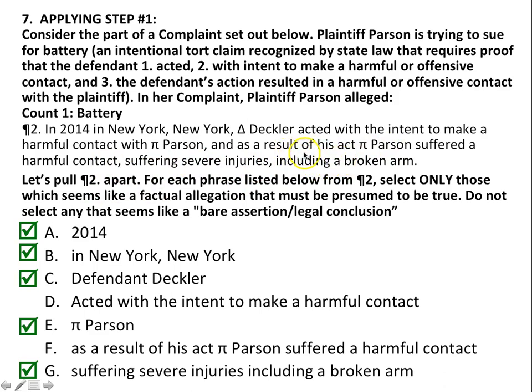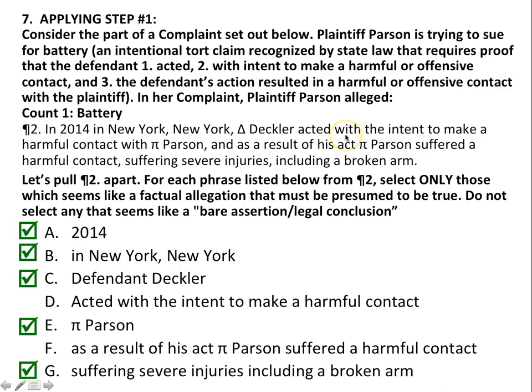We do know where, New York, when, 2014, who, Dekler, but we don't know anything about what he did or how he even made contact. Was he throwing a frisbee? Did he open a door without looking?